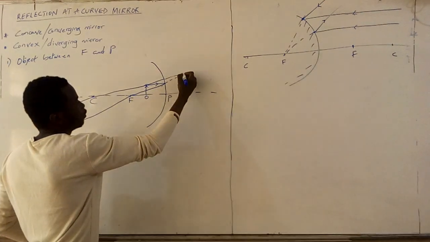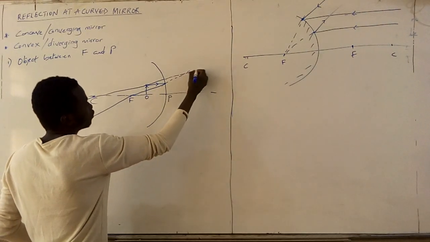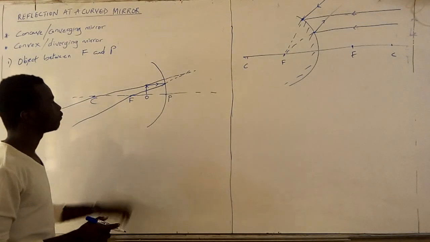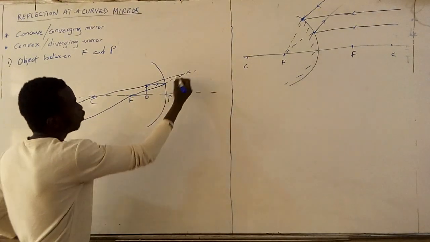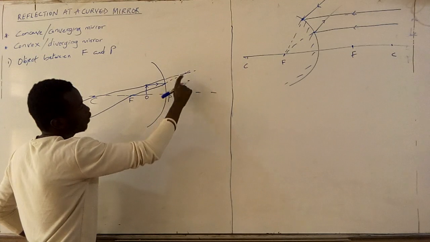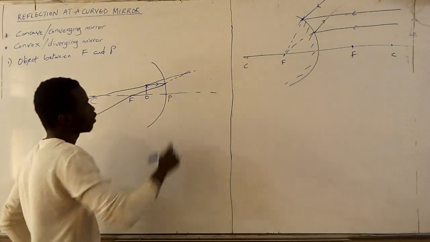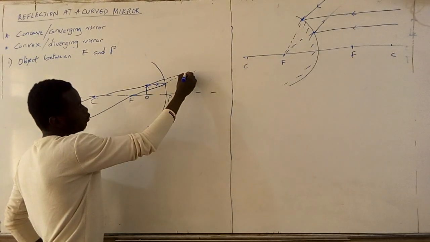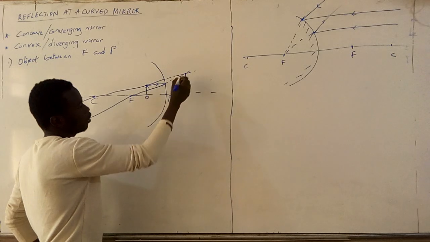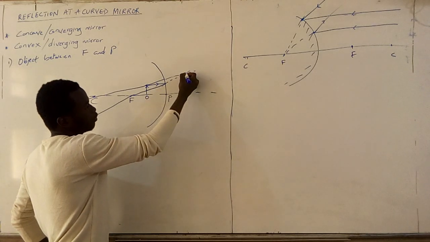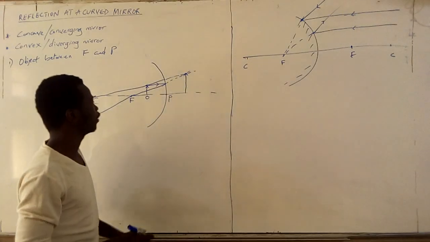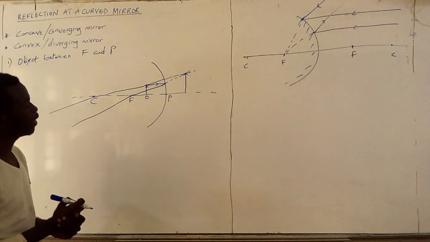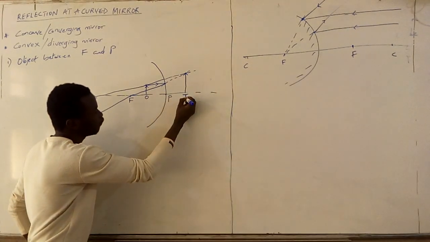That's why it looks this way. But let's try to understand the main principle behind it. So they will converge at this place. When we draw, we draw an arrow pointing at where they converge. So that's where our image is formed.